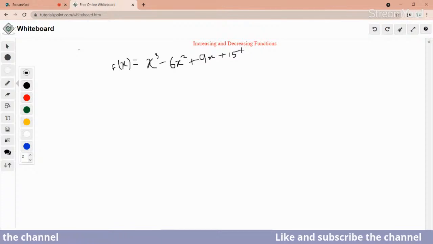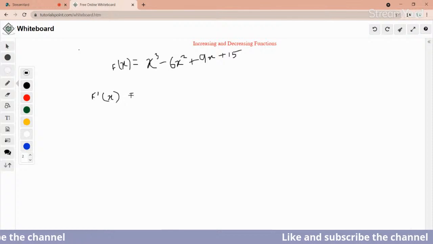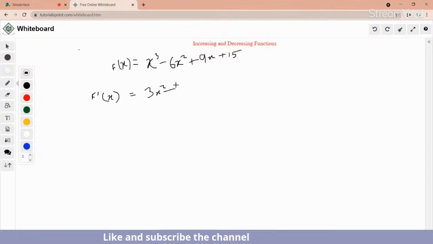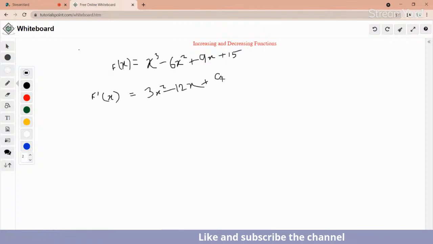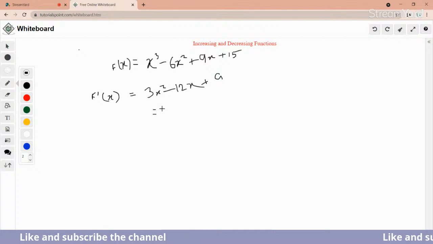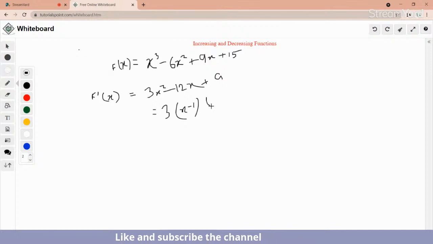Step 1, differentiate. We get f dash x equals 3x square minus 12x plus 9. Let's simplify this, taking 3 common. It will come out to be 3 into x minus 1 and x minus 3.